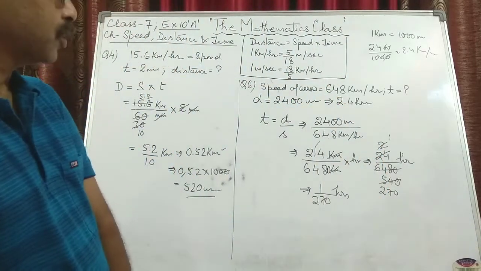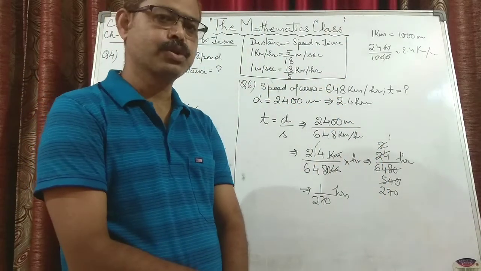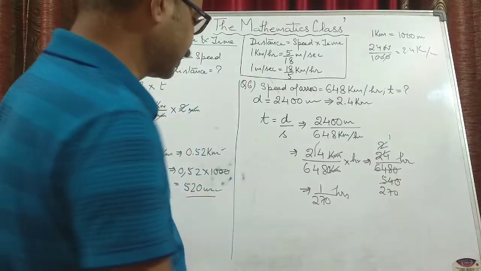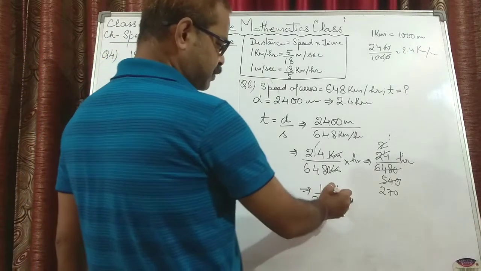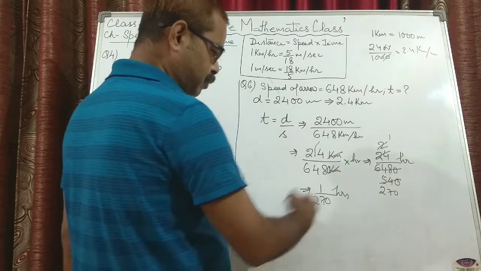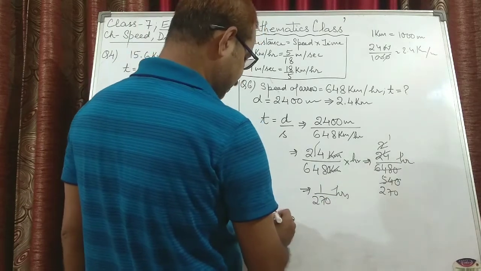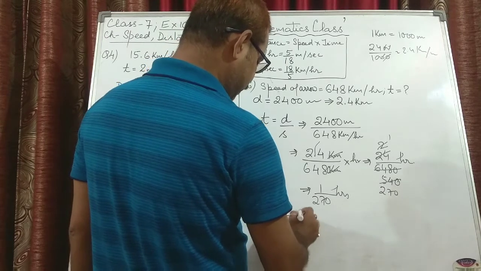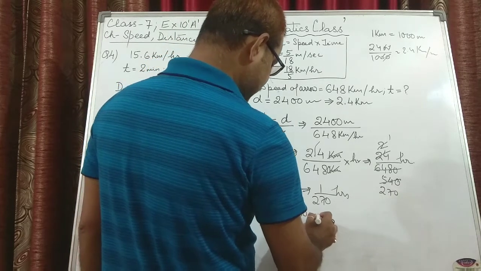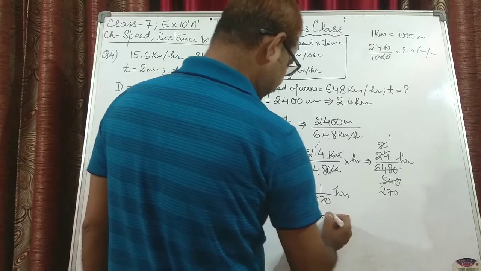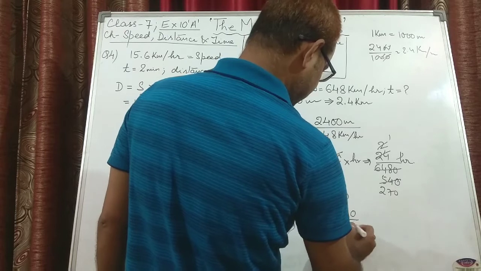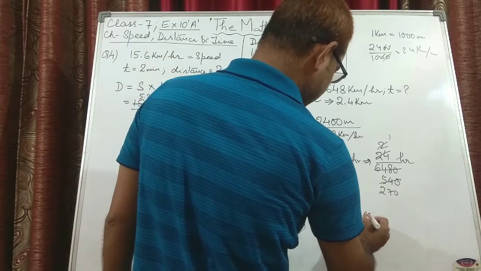Now 1 upon 270 doesn't look good, so we will convert it into minutes, or can convert it to seconds. So to convert hours into minutes, we will multiply by 60. So 1 upon 270 into 60 minutes, or you can say 60 upon 270 into 60 seconds.